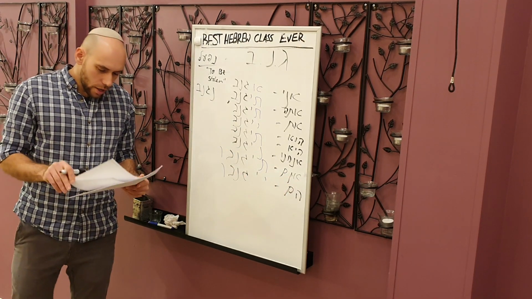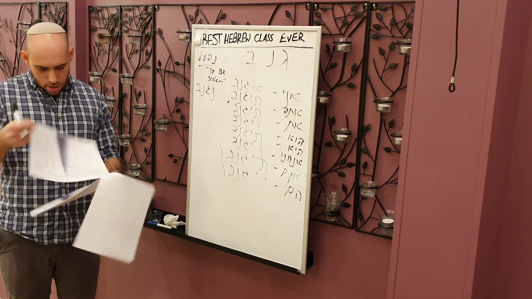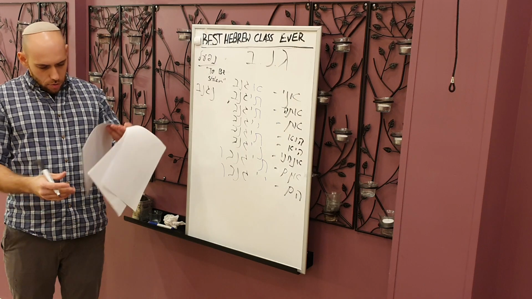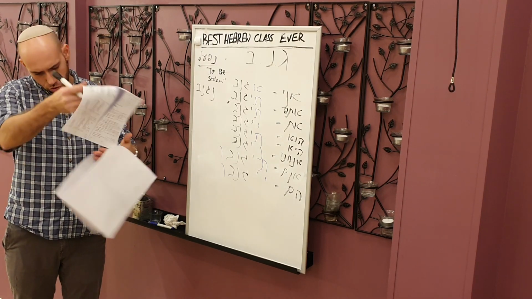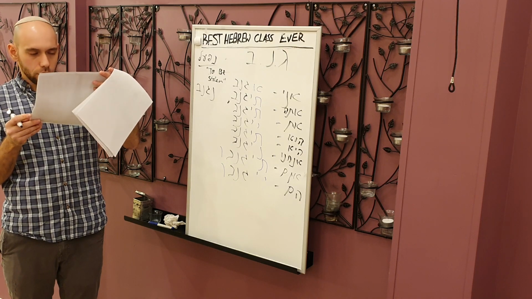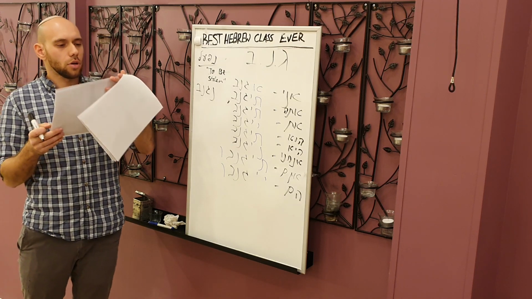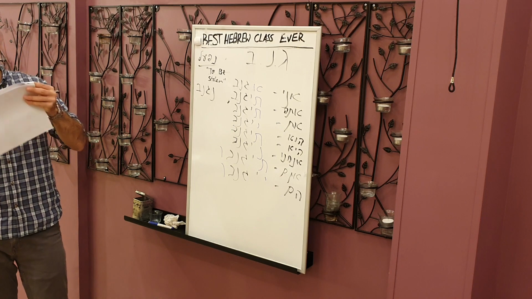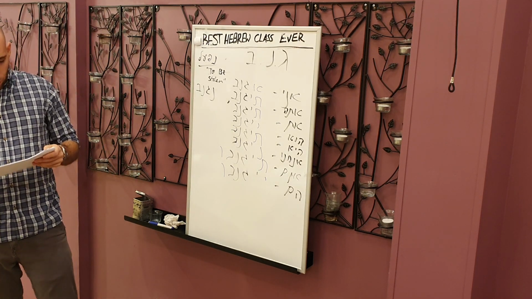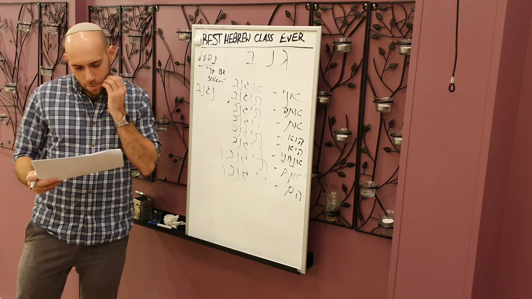So let's take a look at another one. Let's go to page 5. This is nifal. We're looking at page 5 on the left side up top.